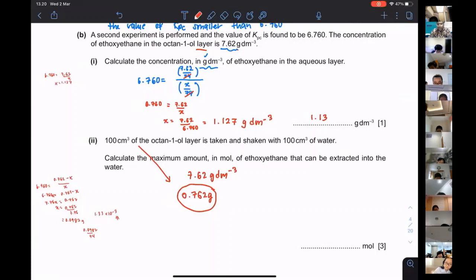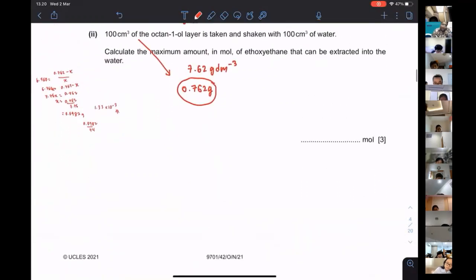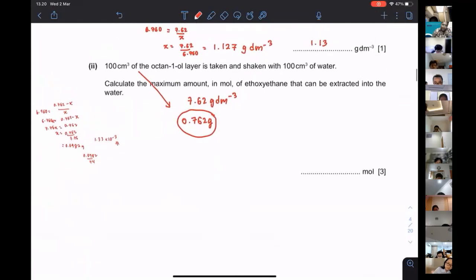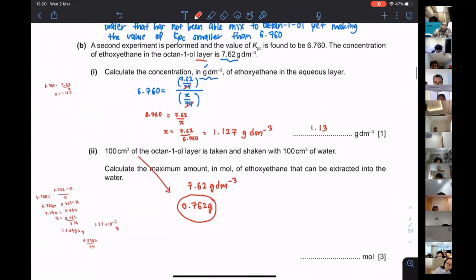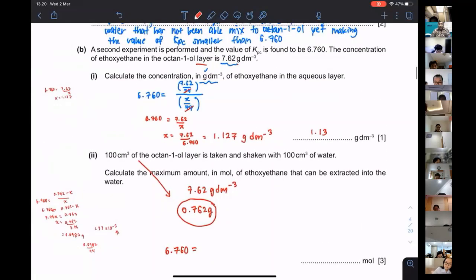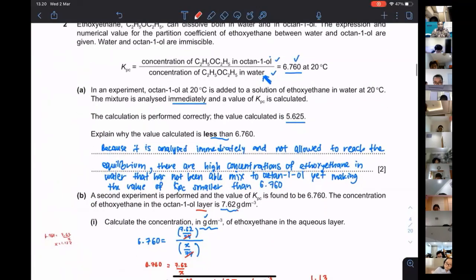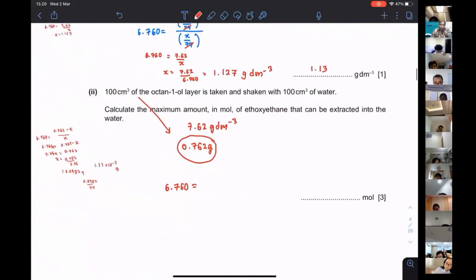Now they mention in mole. So what I do is, the same condition, they are going to follow 6.760. And we are going to look at the concentration in octan-1-ol.